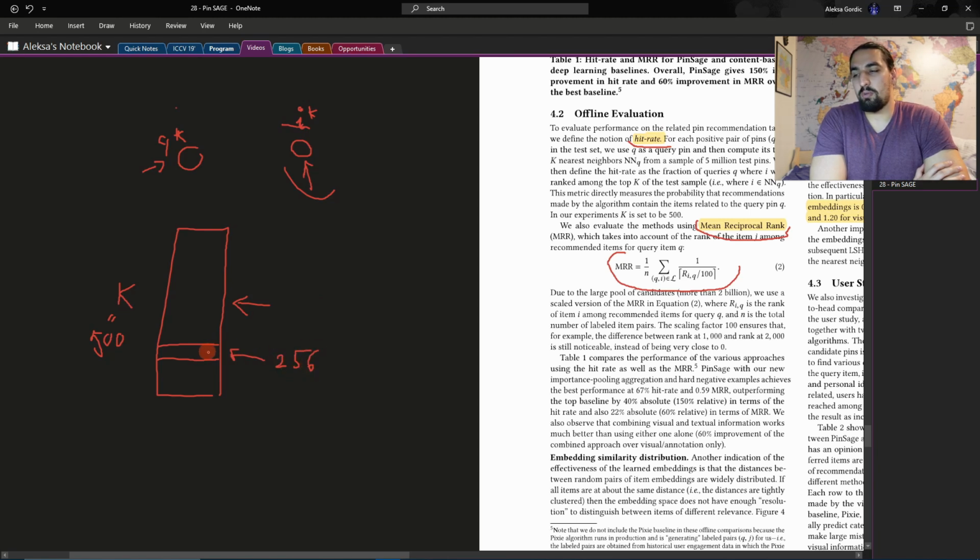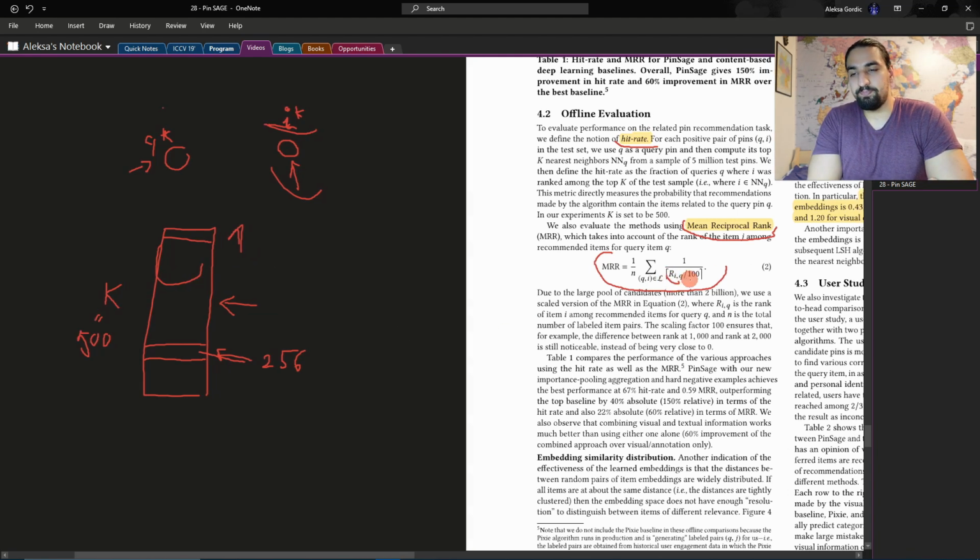Then that's much worse than having it at location 1. Ideally we'd want to recommend this ground truth pin closer to position 1, and that's this R term here. They just sum up those values and divide by the number of nodes in the test set, and that's it.